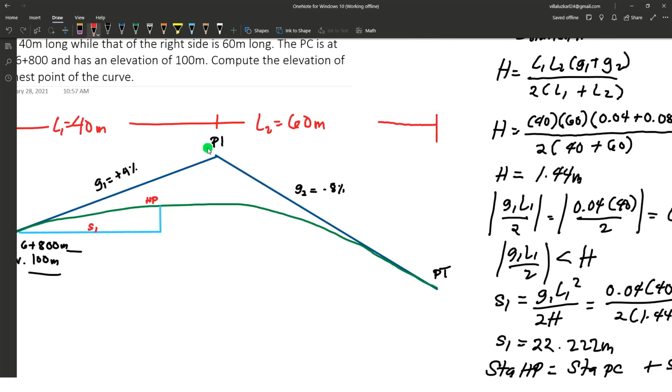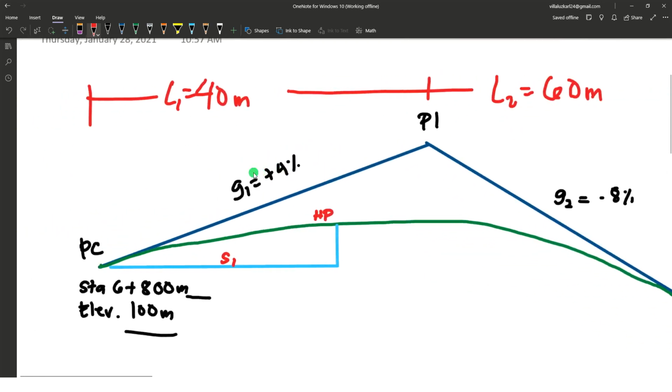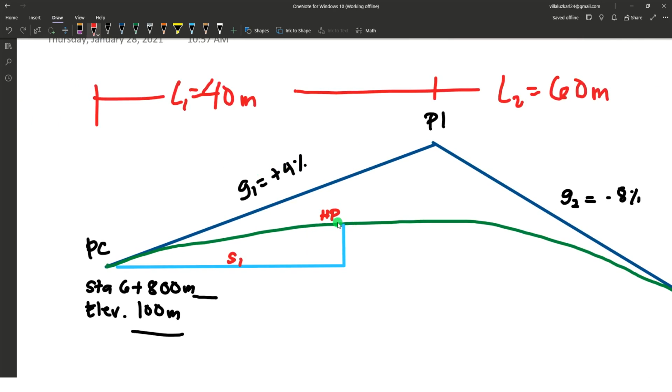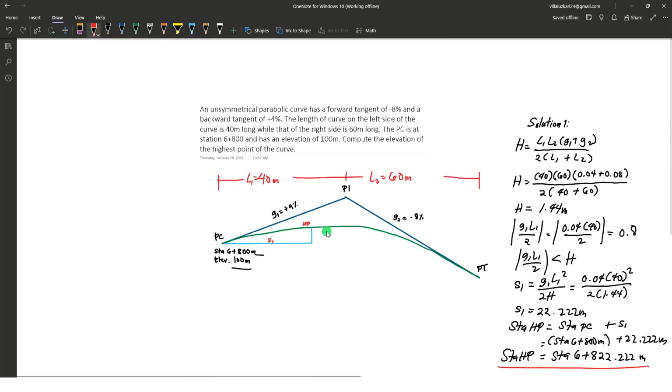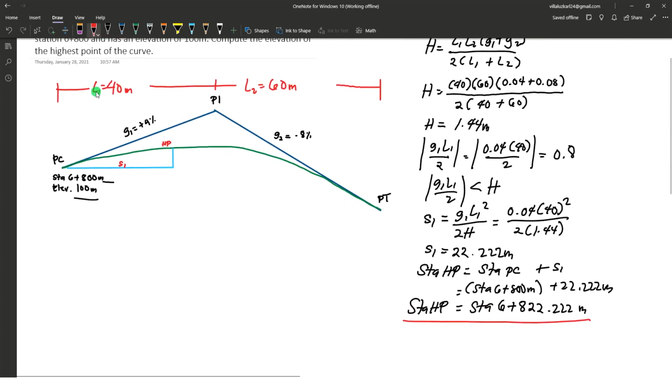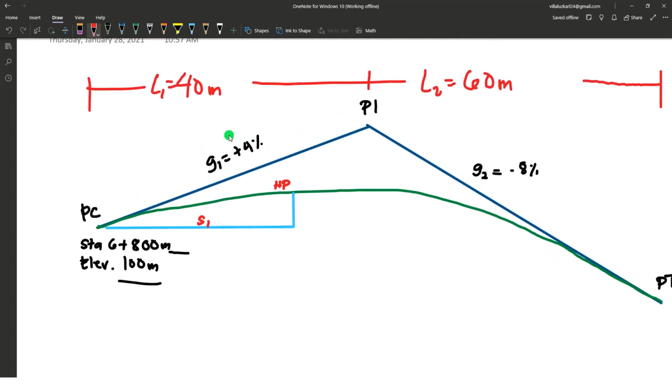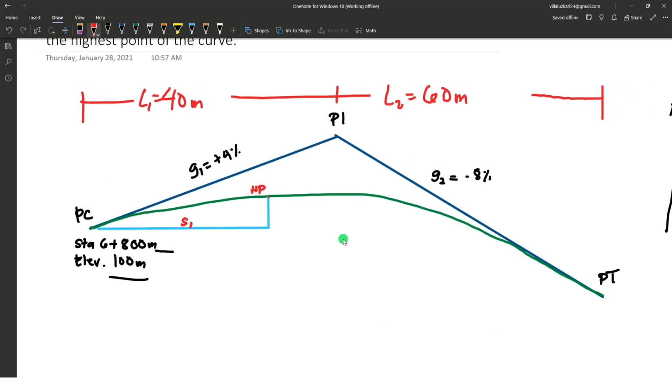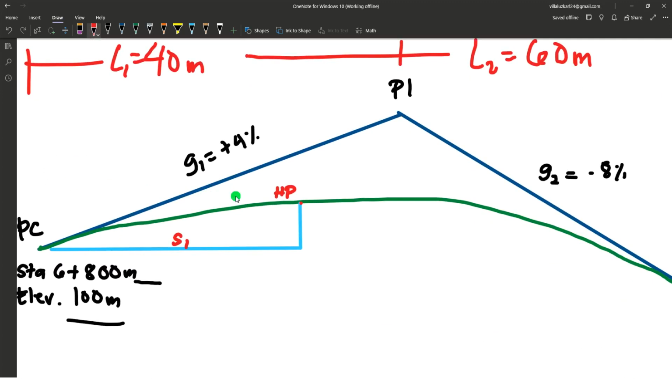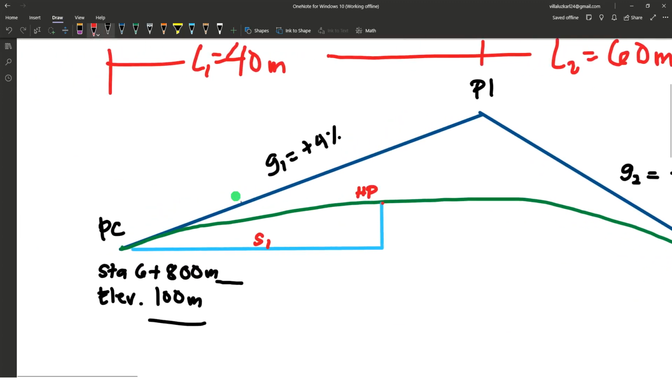So the next solution, since we already have the S1, so S1 is the distance from PC to the highest point. So that's 22.222, which is less than 40. So it is on the left side of the curve, which means it's right here. So elevation of the highest point is, what we can do here is we determine first the difference in elevation at this point.